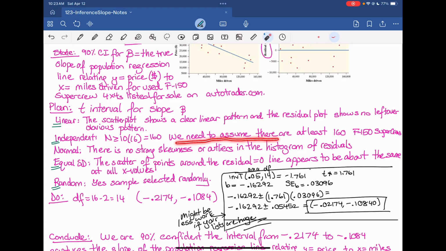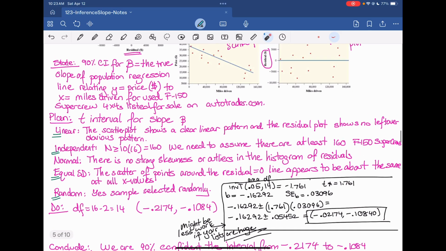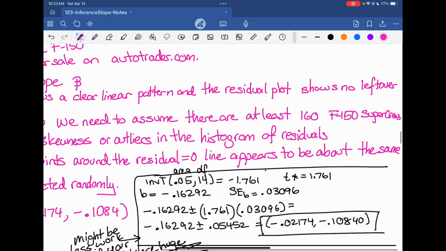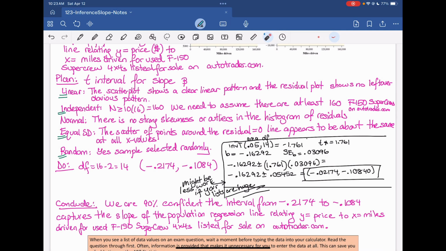We need to assume there are at least 160 F-150 Super Crews on autotrader.com, basically. Okay, that is more accurate. Or on sale on autotrader.com, that would be even better.